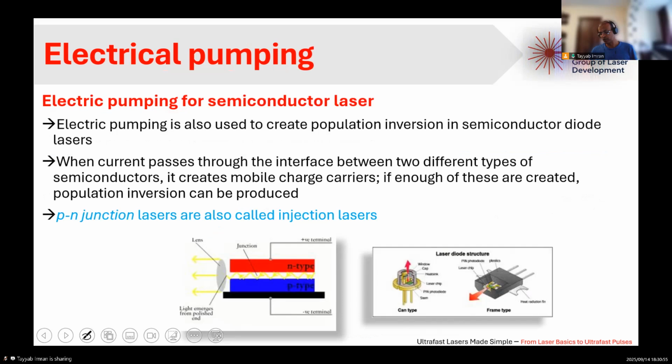And for the diode or the semiconductor laser, it's very similar to electronic semiconductor devices. You connect positive and negative terminals to the power source, usually a current source in the case of lasers.